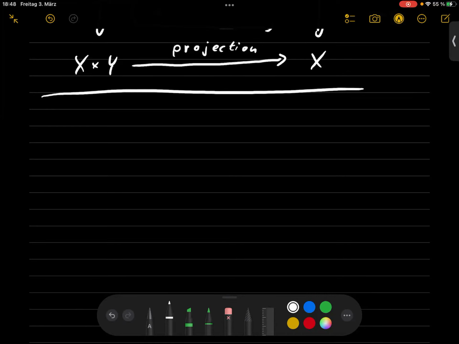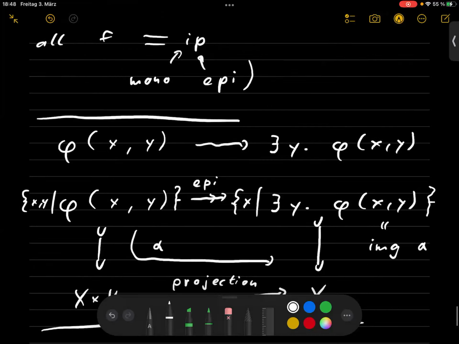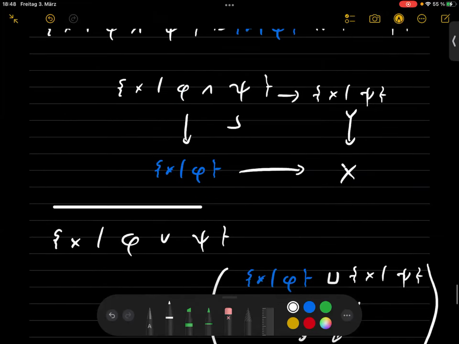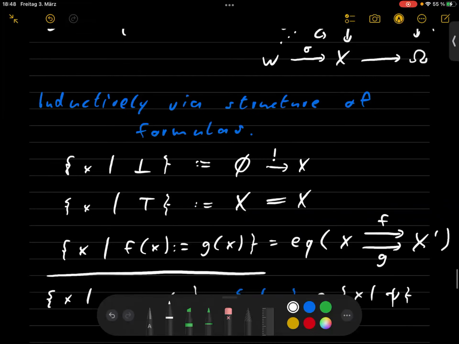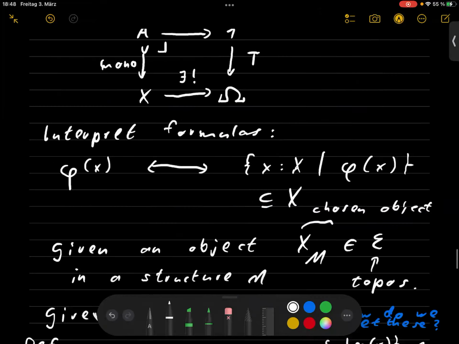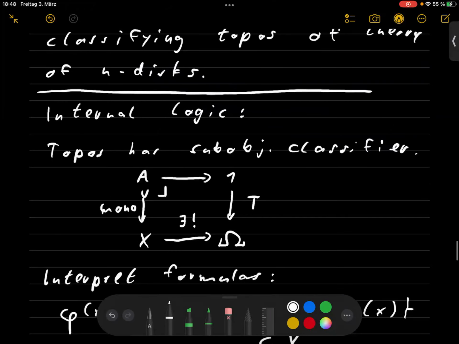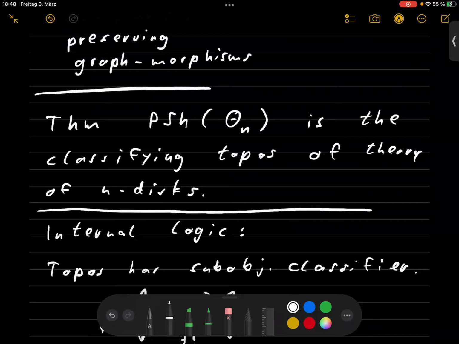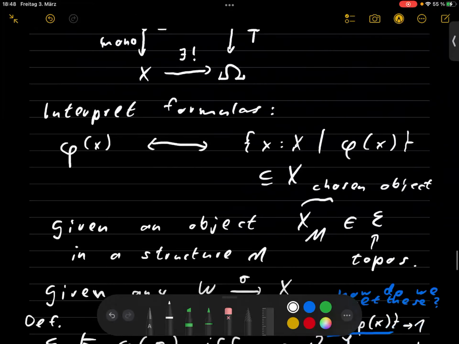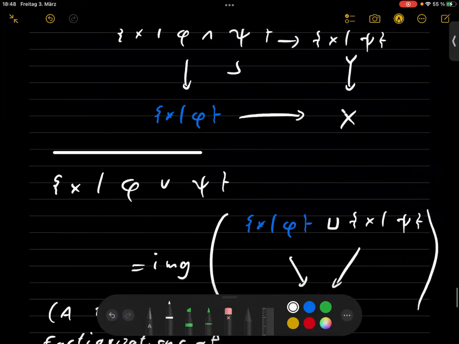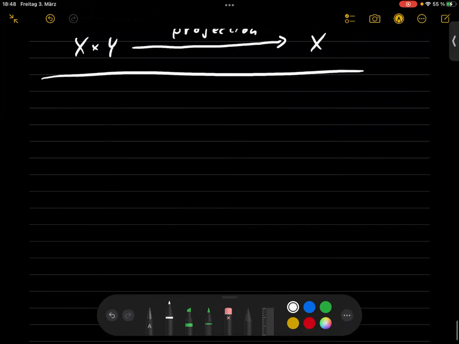Now we wanted to define what's a classifying topos. For that, we went on this detour on internal logic, and now we come back to this definition of a classifying topos, namely: a definition of classifying topos.